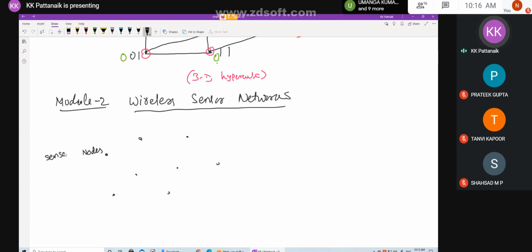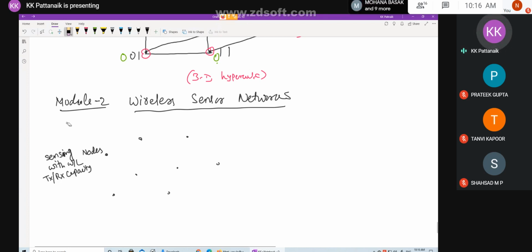They are sensing nodes with wireless transmitting and receiving capacity, and the sensing nodes also have some processing capability.